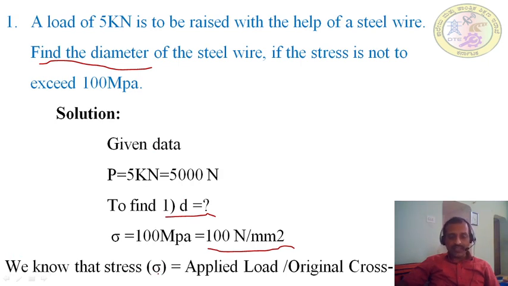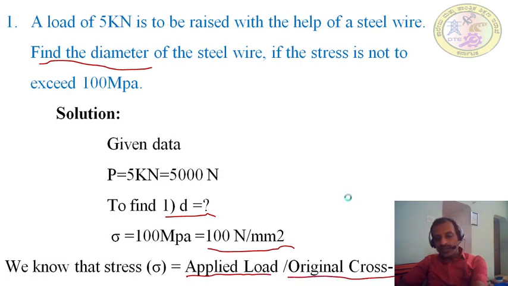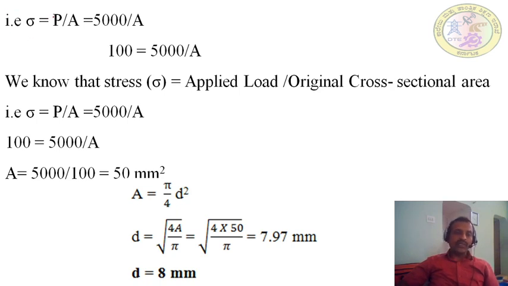We know that stress sigma is equal to applied load divided by original cross-sectional area, that is sigma is equal to P by A. P is 5000, A is not given, you need to find out A. Sigma is given as 100 Newton per mm square.